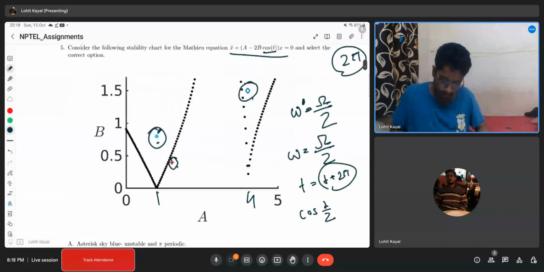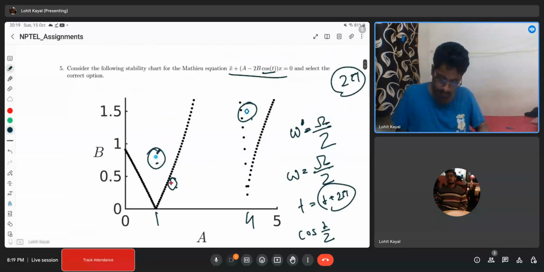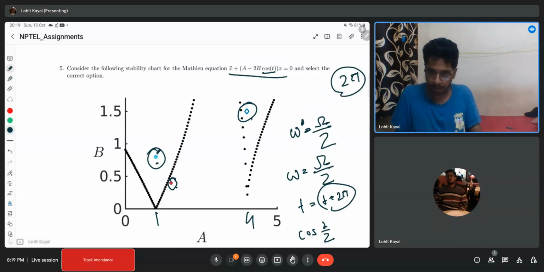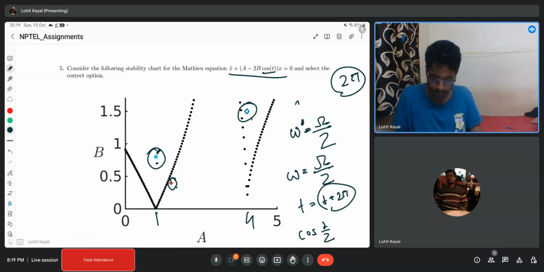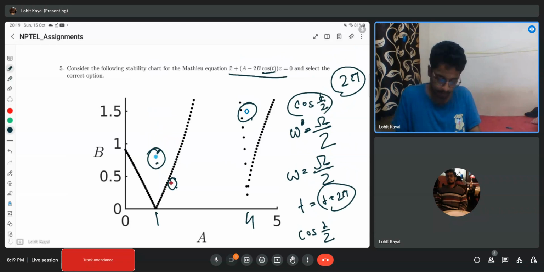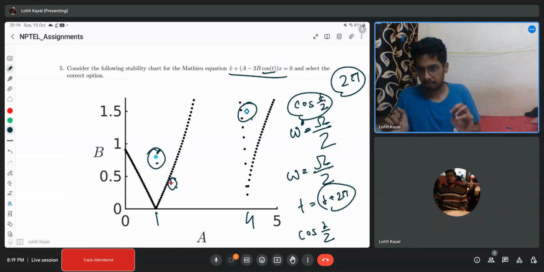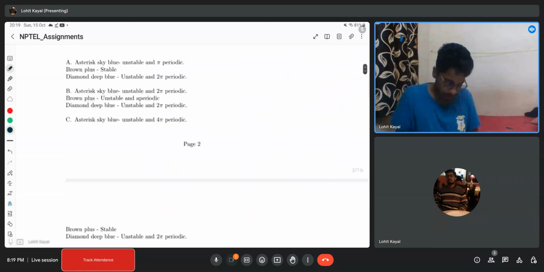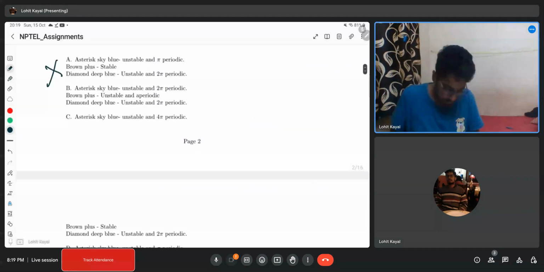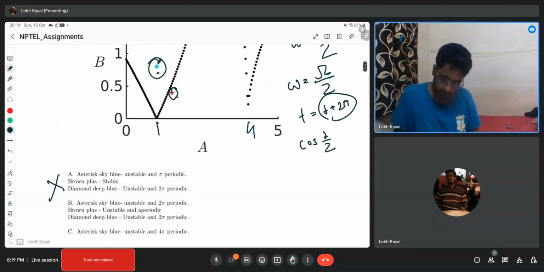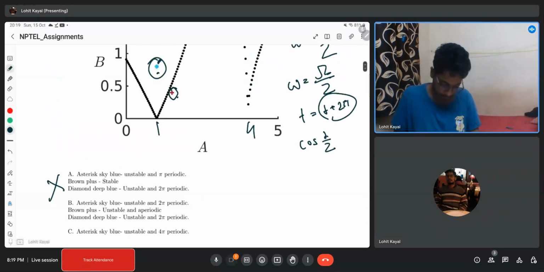In the non-dimensional sense, when your forcing is cos t, the response will be cos t by 2 inside the subharmonic regime. So your time period will be 4 pi. So obviously option A is not correct. Second option, asterisk sky blue, unstable and 2 pi periodic. No, it has to be 4 pi periodic.